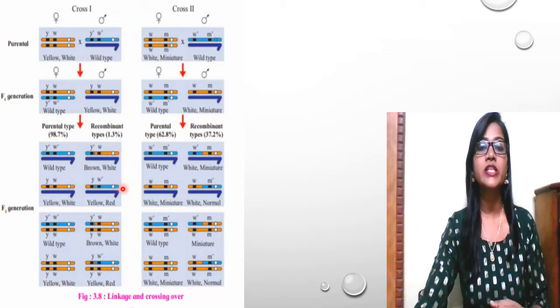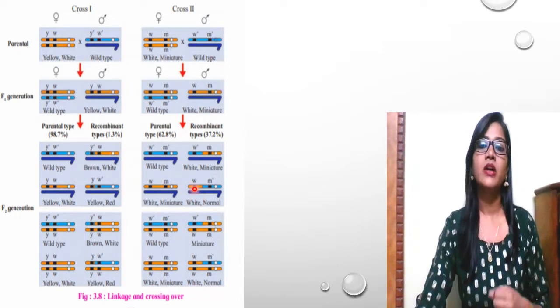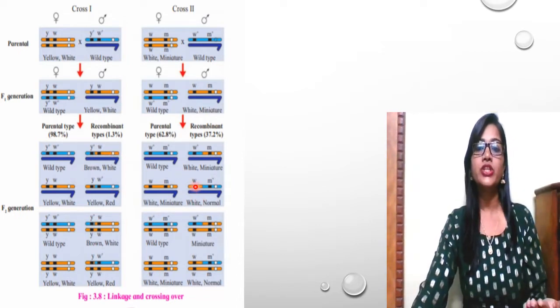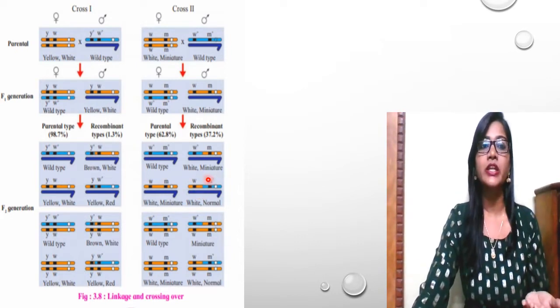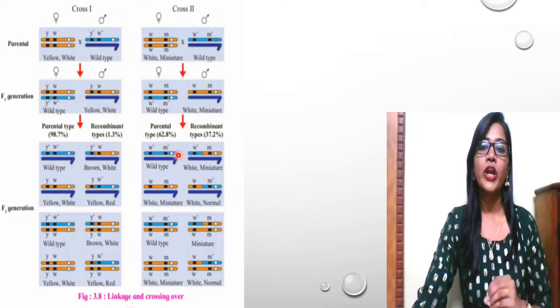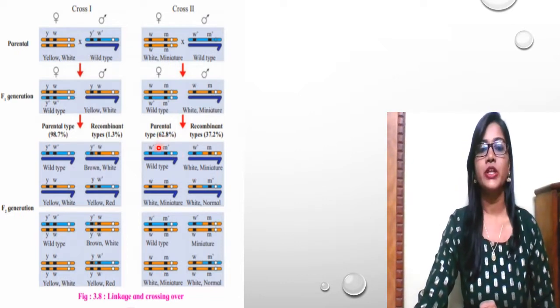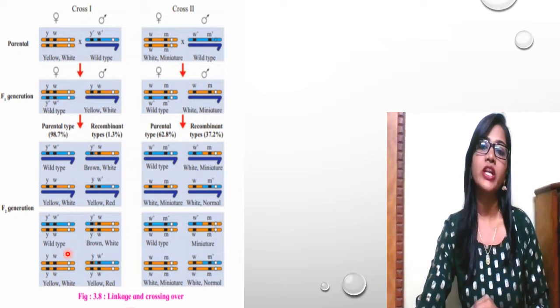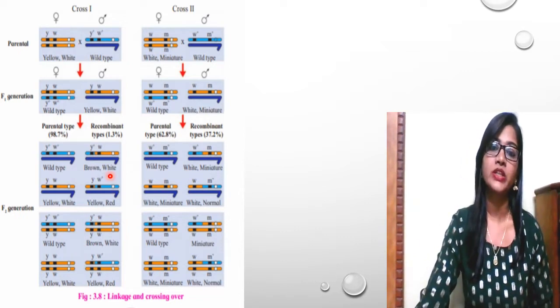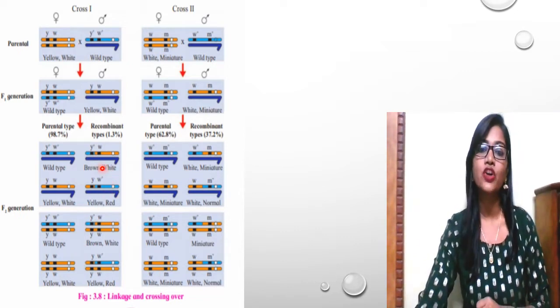But when the genes are loosely linked, present away from each other on the chromosome, they show higher recombination, that is 37.2%. For example, the genes for yellow body and white eye were strongly linked and showed only 1.3% recombination in cross one.